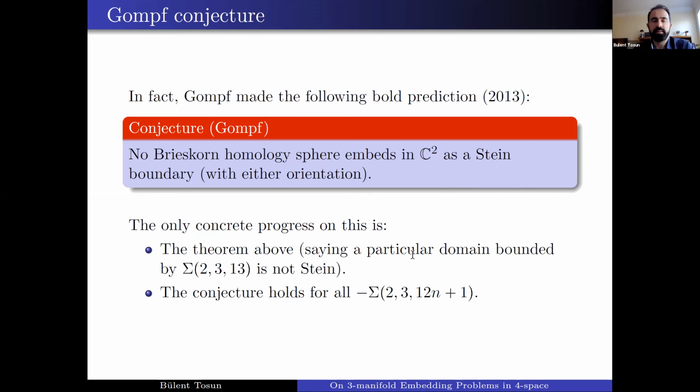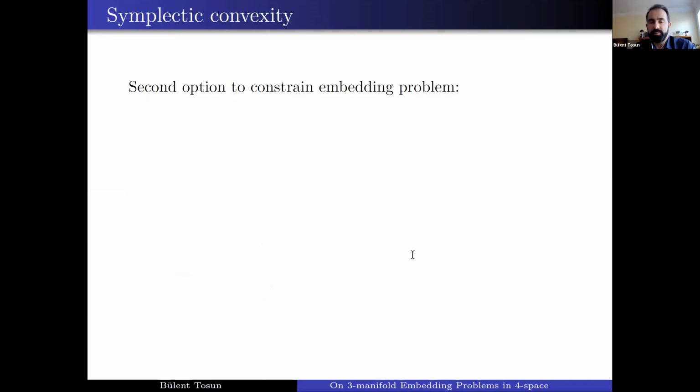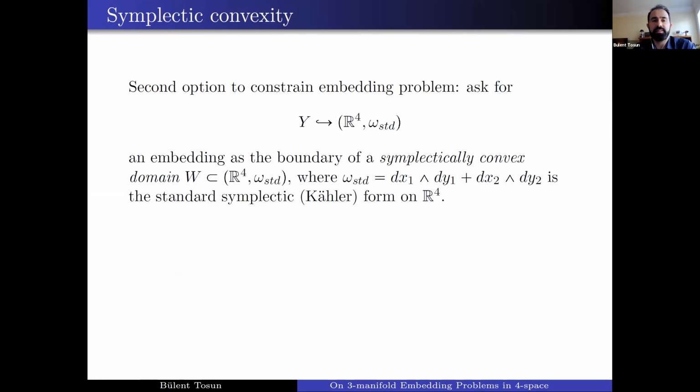So this is one conjecture that is still largely open, and it's about holomorphic convexity. Now the other constraint one might be interested in putting on an embedding problem is asking Y to be a contact type hypersurface in this symplectic manifold. In other words, Y will be the boundary of a symplectically convex domain.